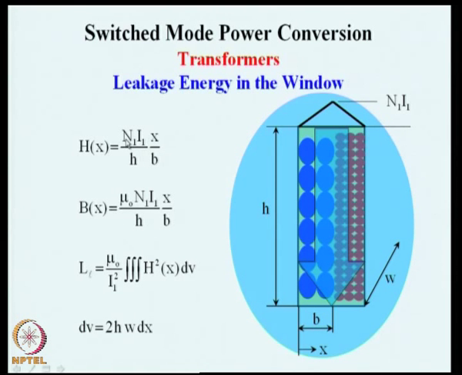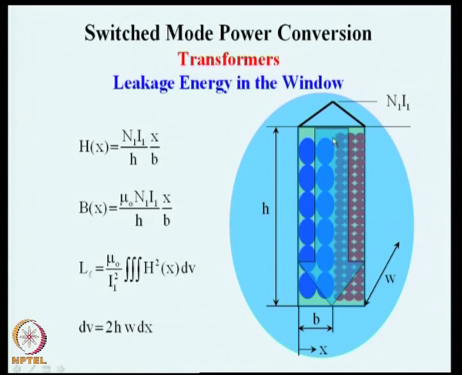This will be the total ampere turns divided by this h, because magnetizing intensity is ampere turns divided by h. Because it is linearly increasing from 0 to N1I1 and dropping to 0 at the end of the window, at any cross section x, the magnetizing field h is the ampere turns multiplied by this ratio x by b.